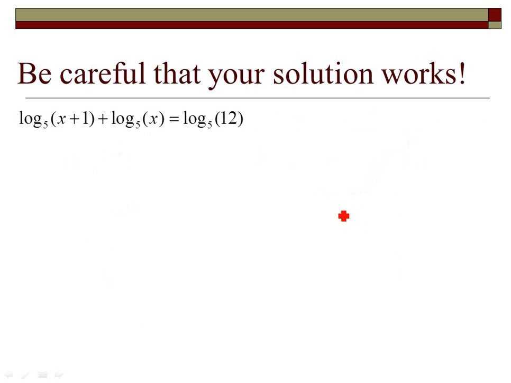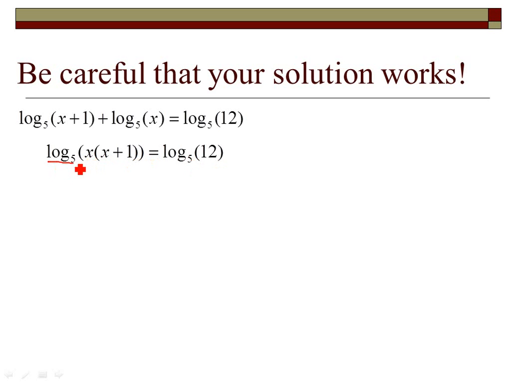So let's take a look at this one. We have log base 5 of x plus 1 plus log base 5 of x equals log base 5 of 12. Well, it's all log base 5, so I'm going to get this side as a log base 5 equaling log base 5 of the other side. So again, addition of logs becomes a product. Log base 5 of x times x plus 1 equals log base 5 of 12.